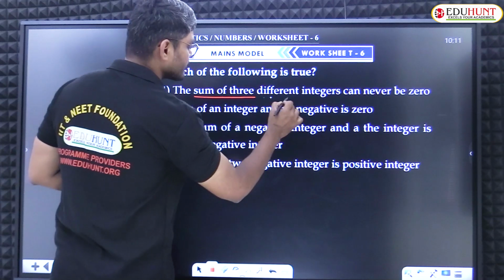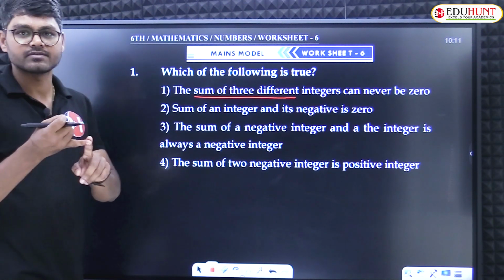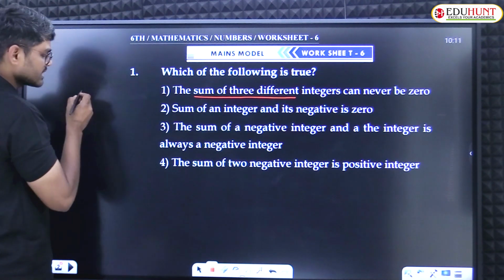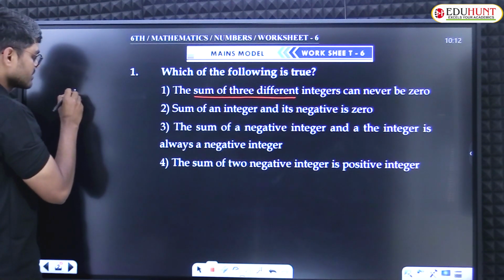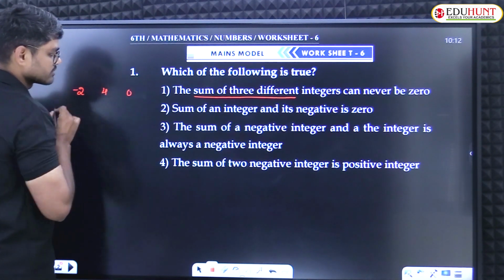The sum of three different integers. Let's take three different integers. What do you mean by integer? Positive numbers, negative numbers, and 0. See here, three different integers I am taking: -2, 4, 0.